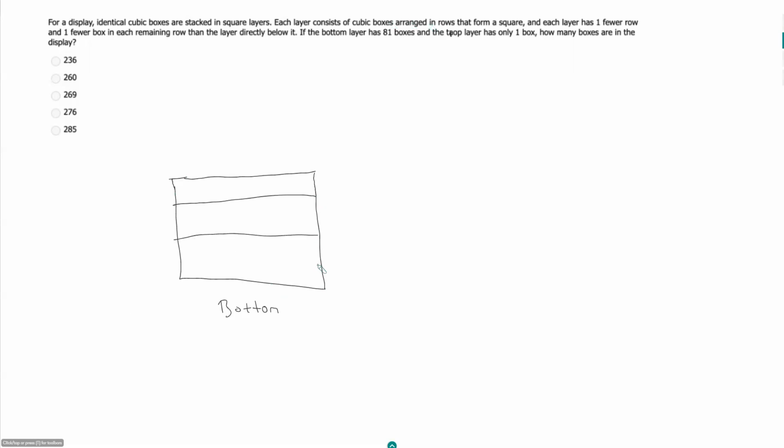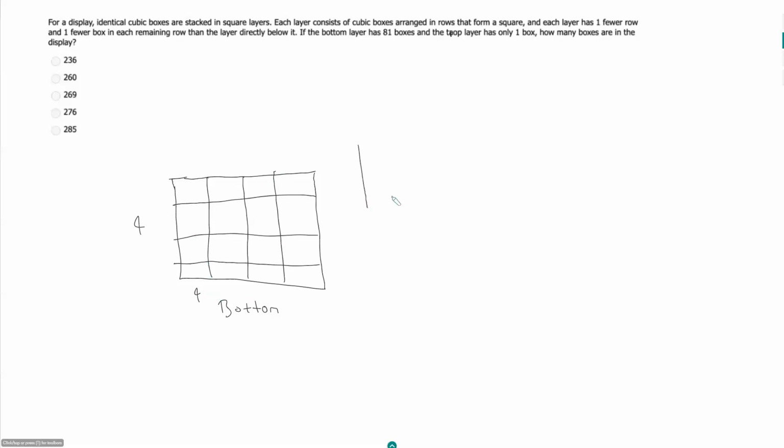It's a square made up of smaller squares. In this case, it's a 4 by 4 square, and there would be 16 boxes in here.